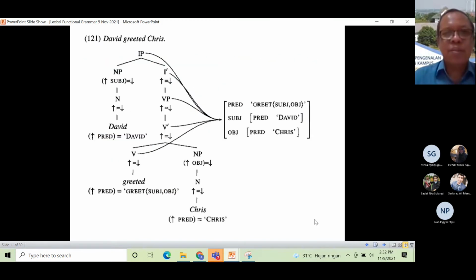All right. Now, if you go deeper into this constituent structure, you can make notations. What is the subject? What is the object? And then you can also use the up and down arrows to show the flow of information. The up arrow shows the information of the upper phrase.